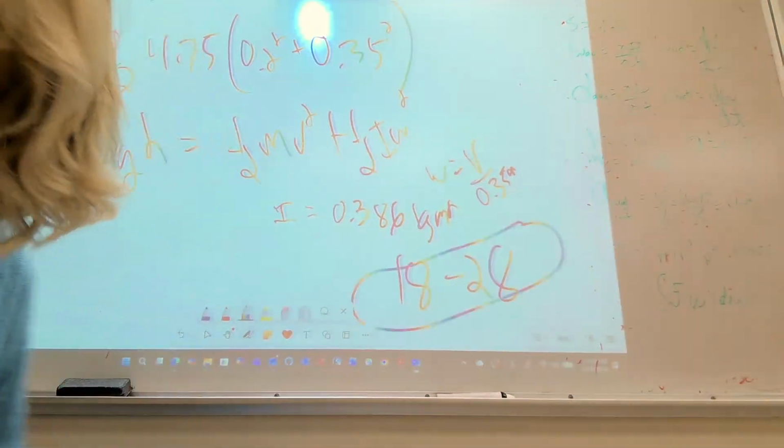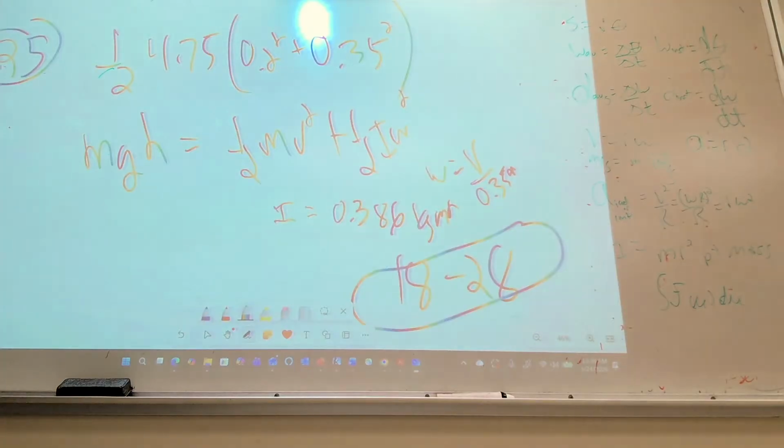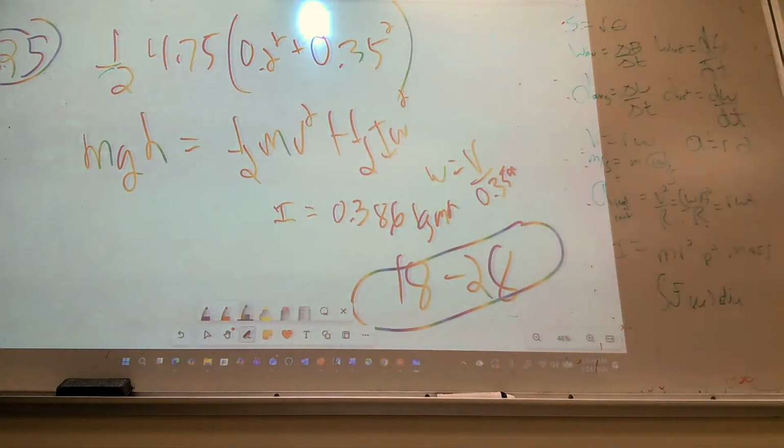Now, I think there's only one in there that I'm going to give you a hint on: 26. 26 is your sigma torque equation. So if you're looking at that one and you're confused, it's the sigma torque equation, but hopefully you'll figure out the rest on your own. Okay?